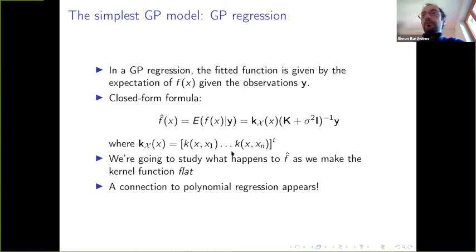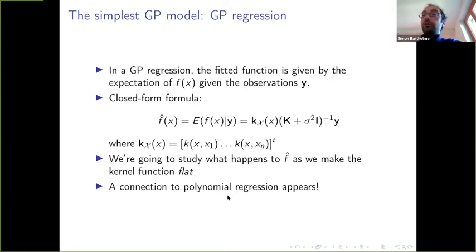Now, our goal here is to apply the flat limit and figure out what's going on with these fits and standard deviations as we let epsilon go to 0. And we'll see that a connection to polynomial regression appears.